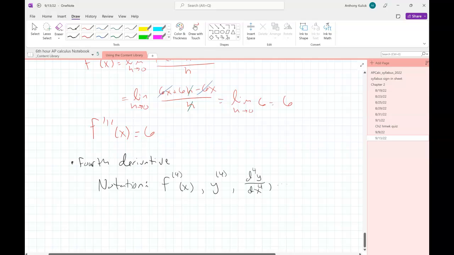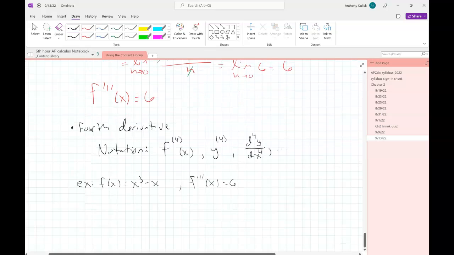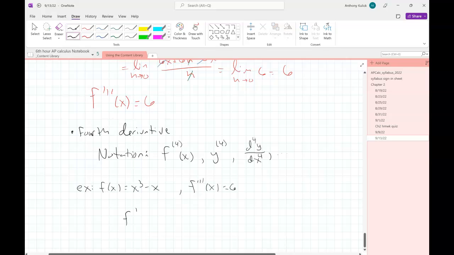So what is the fourth derivative going to be from our example? If f of x was that same f of x, and the third derivative was 6, you should be able to do this just in your head. Who's got it?